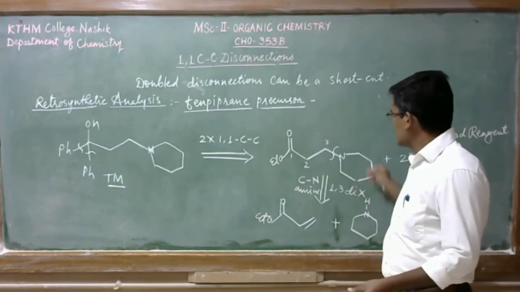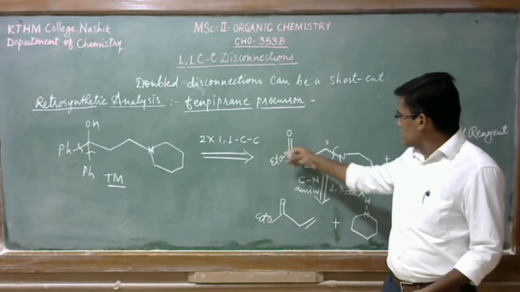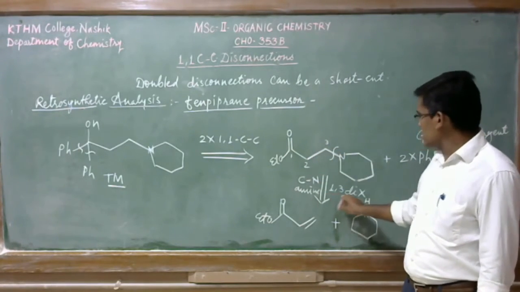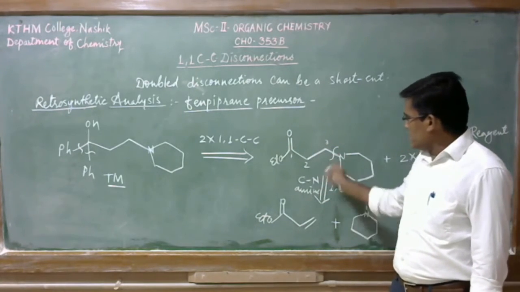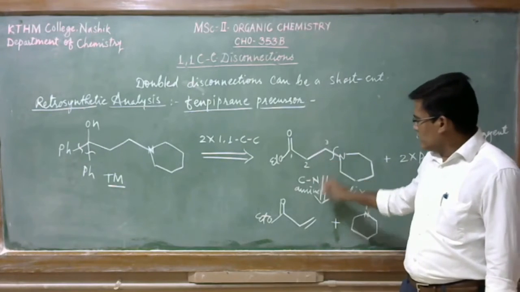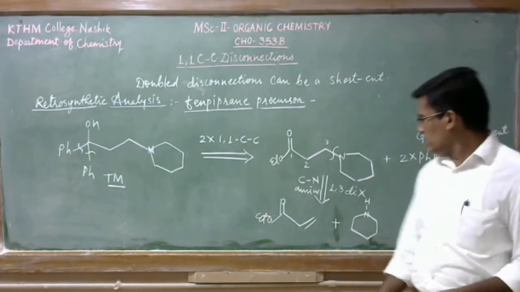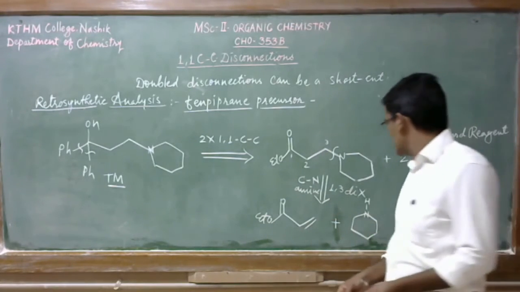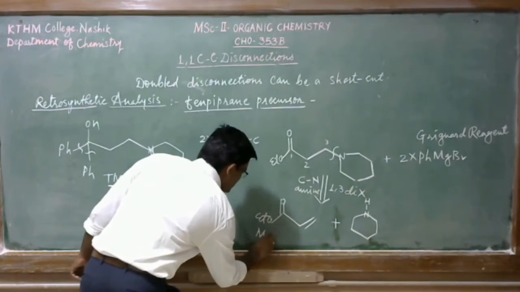If you consider this as a target molecule, you would think about this 1,3 disconnection. After disconnecting this bond, we could get this alpha beta unsaturated carbonyl compound, that is an ester, and this secondary amine. So this is the Michael acceptor.